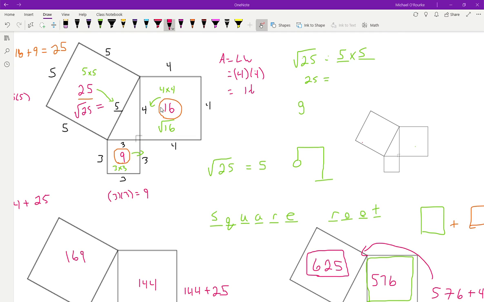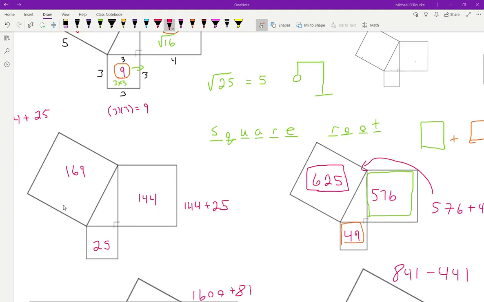So whatever the number is in here, the way you get to a side length is by taking the square root of it. And same with this one, 9 square root 3. Now if you're on a calculator like this, the way you do that is you press the square root button first, and then press 25. Okay?